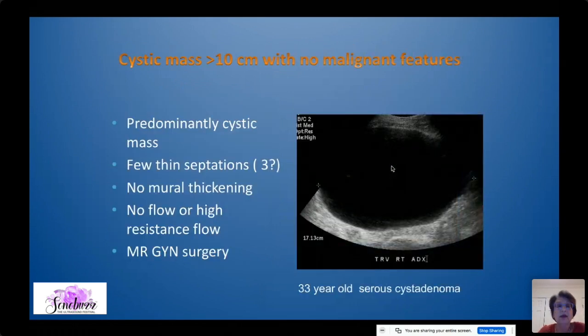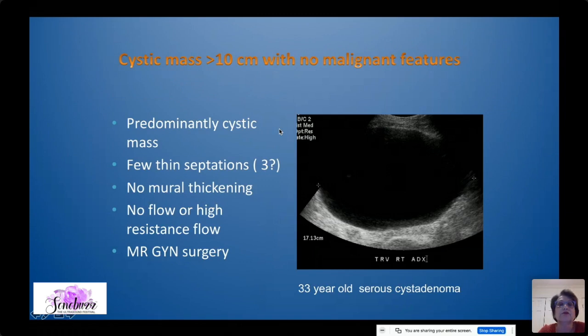Now, sometimes the cystic mass is more than 10 centimeters, and both the O-RADS and the other guidelines talk about size, and generally when the cyst is more than 10 centimeters, then something else needs to be done about it.